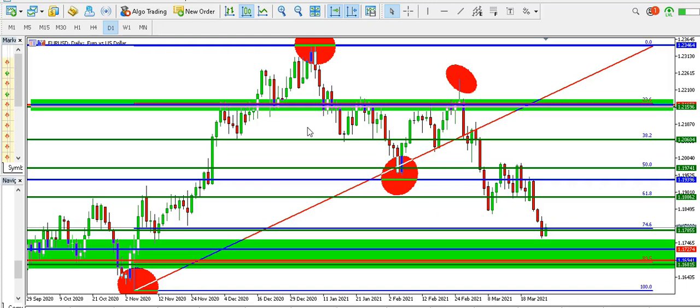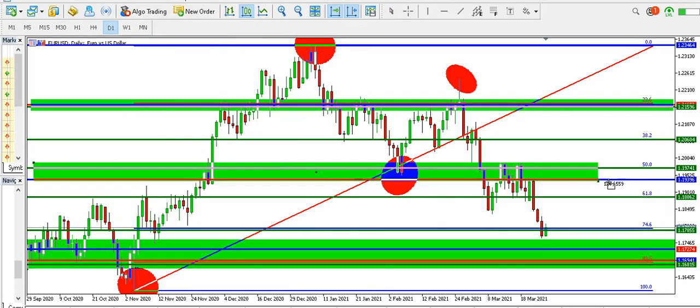So the next strong level is where we have the daily and the weekly, which is around here. They are almost side by side, so this makes this level a strong level. Okay, this is the strongest level, followed by this level, then followed by this level.